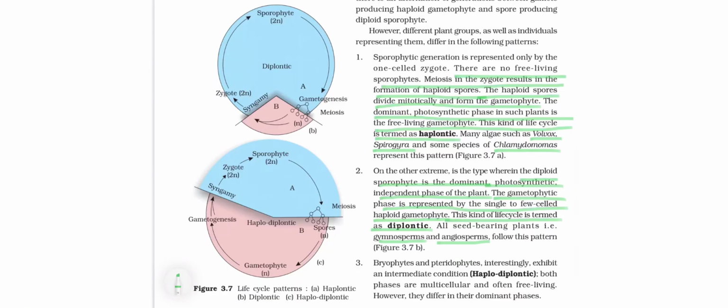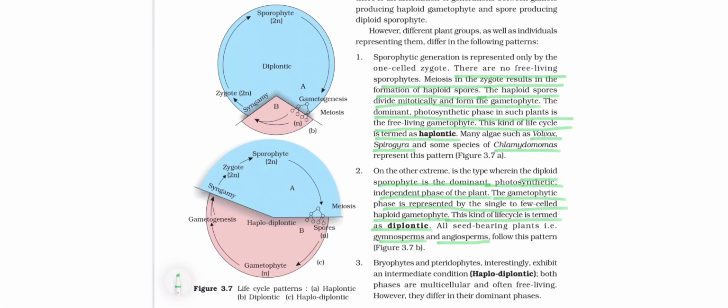In the previous slide we have seen the diagram of the haplontic life cycle, and here the meiosis in the zygote results in the formation of haploid spores, and these haploid spores further divide by mitosis and form a gametophyte, and the dominant photosynthetic phase in such plants is the free living gametophyte.